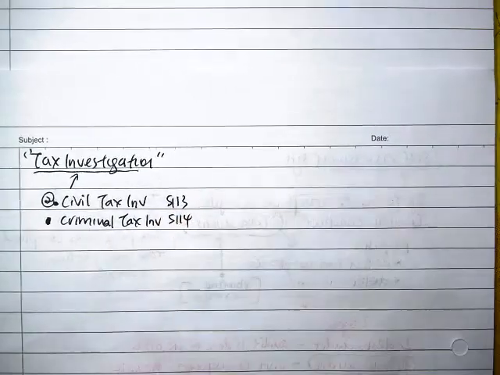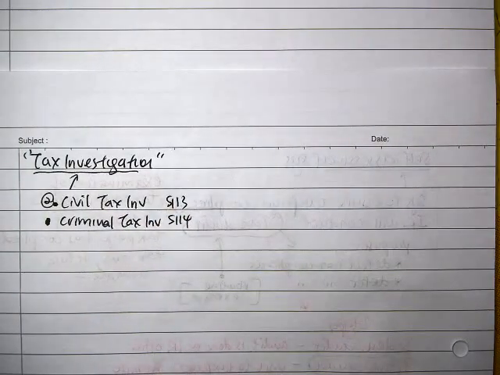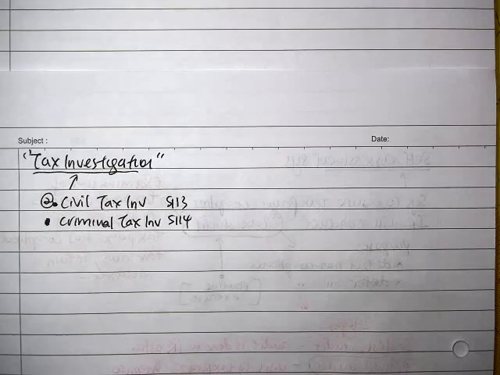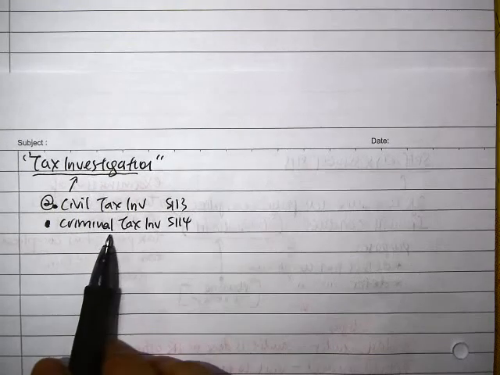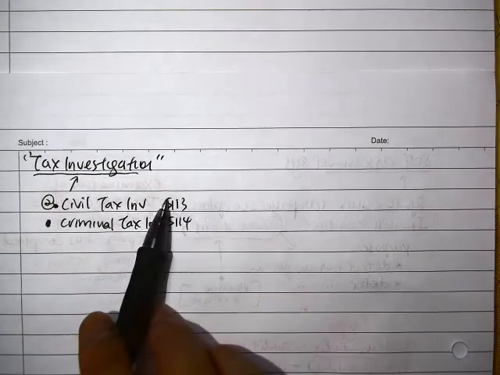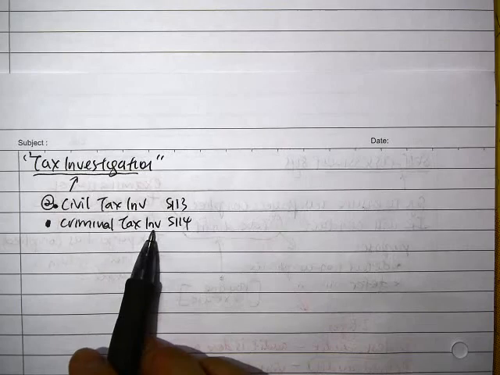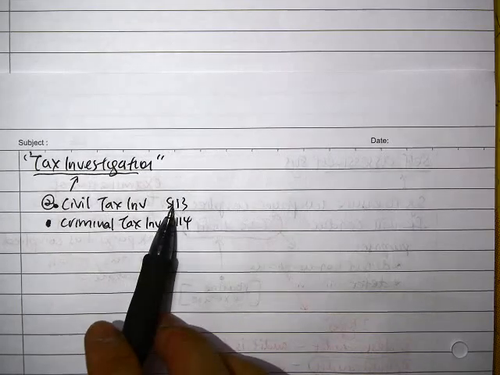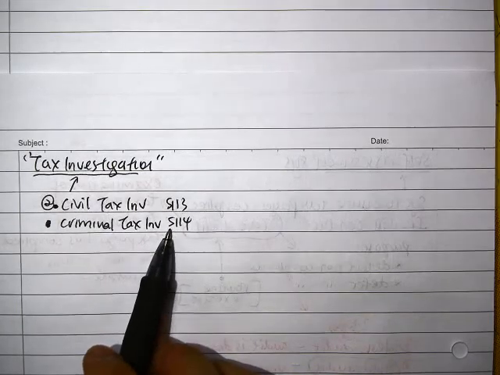That means the charging section they use is 113 or 114. What's the main difference between these two? The only difference is that one doesn't need to go to jail and the other one, I can go to jail. 113 doesn't need jail, 114 must go to jail. 113 can still be compounded, 114 cannot. You must go to court.